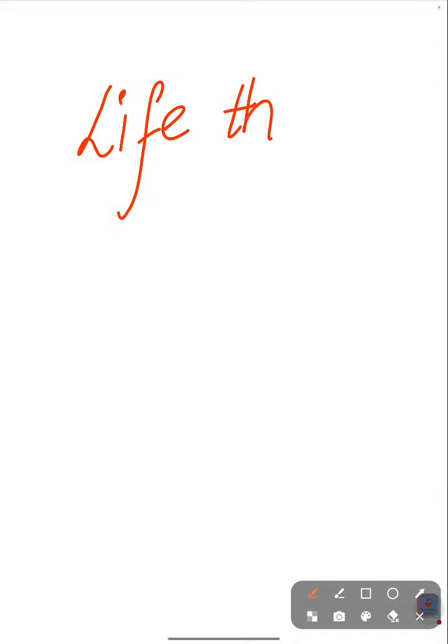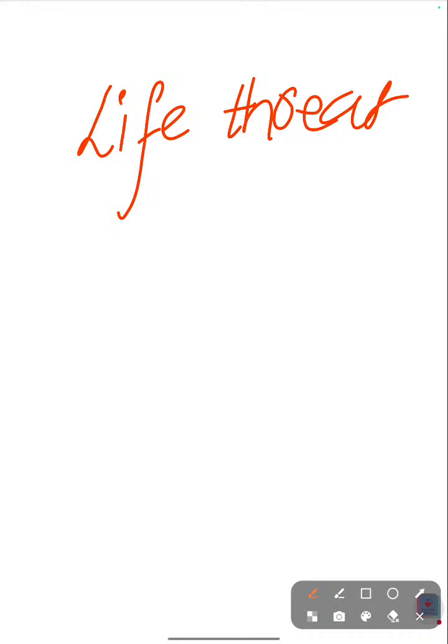So let's talk about shock. The definition is that it is a life-threatening clinical syndrome. It is not a disease; it's a group of symptoms called a syndrome of cardiovascular collapse.